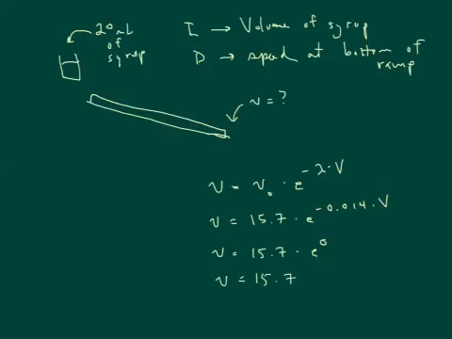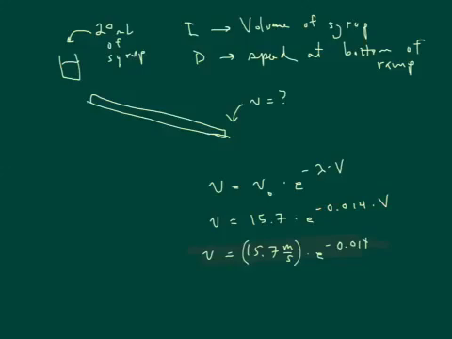But that's a speed. That's the speed when V, big V, the volume of syrup, is equal to 0. So if 15.7 is a speed, it needs units of meters per second. So I'm going to erase some of this stuff. And that means we can come back into the original equation that I wrote above. And I can put beside 15.7 the correct units, meters per second.